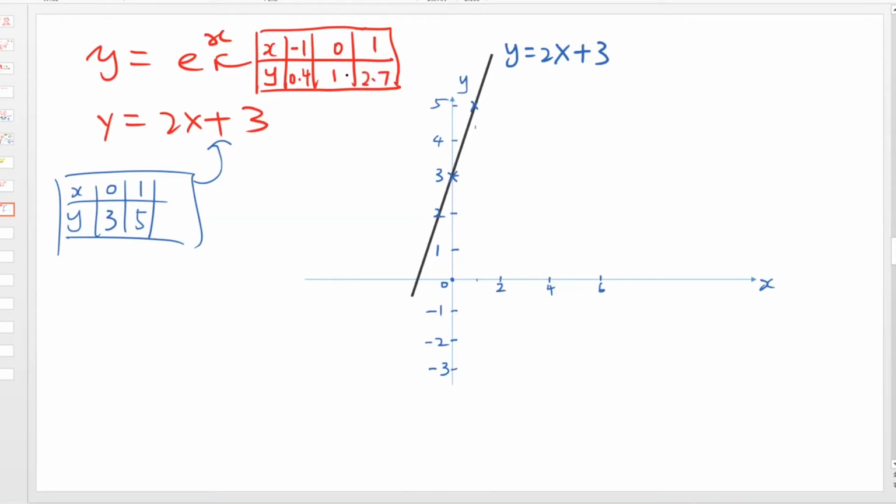Once you have these 3 points, first thing first, I need to get my -1 out first. So my -1 is somewhere here, and I should get 0.4, which is somewhere here. Then 0 is 1, and 1 is 2.7.